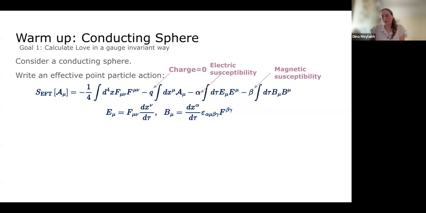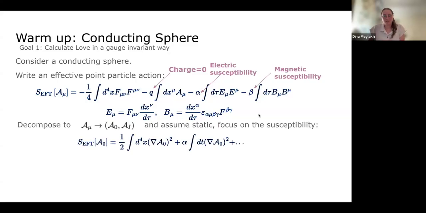So in this example, we want to calculate alpha. And so we decompose our electromagnetic field into A0 and Ai, and we assume it's static, so Ai equals 0, and we focus on the susceptibility calculation. So our EFT, our effective field theory action, looks like this.